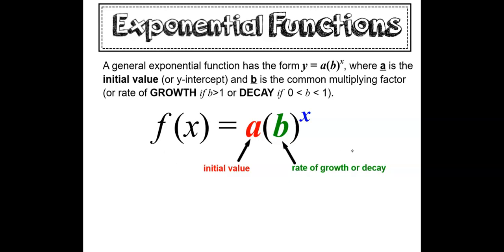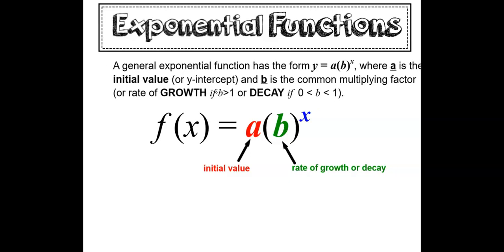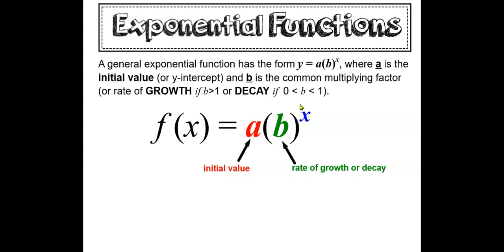All exponential functions have this same format: an initial starting value here, and then the rate of growth or decay as the base to the exponent, whatever the variable may be. The growth can be seen if this b value is greater than 1. If the b value is between 0 and 1, then that would show decay.